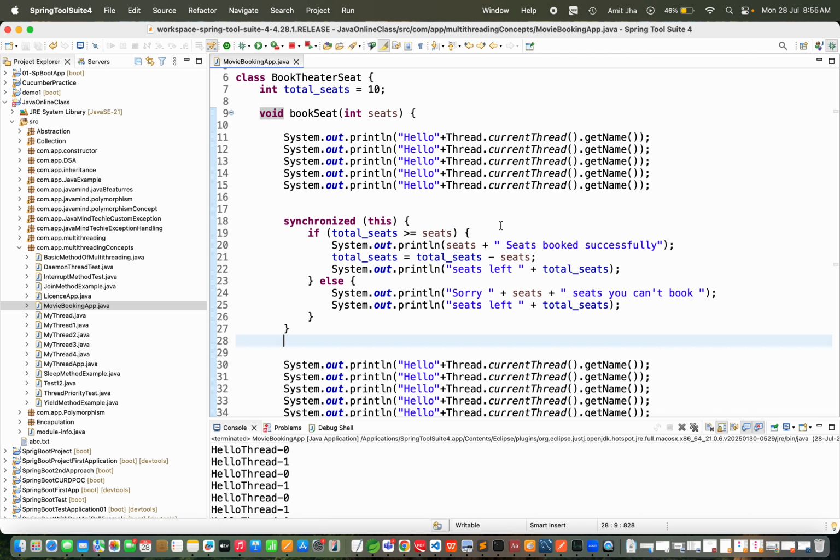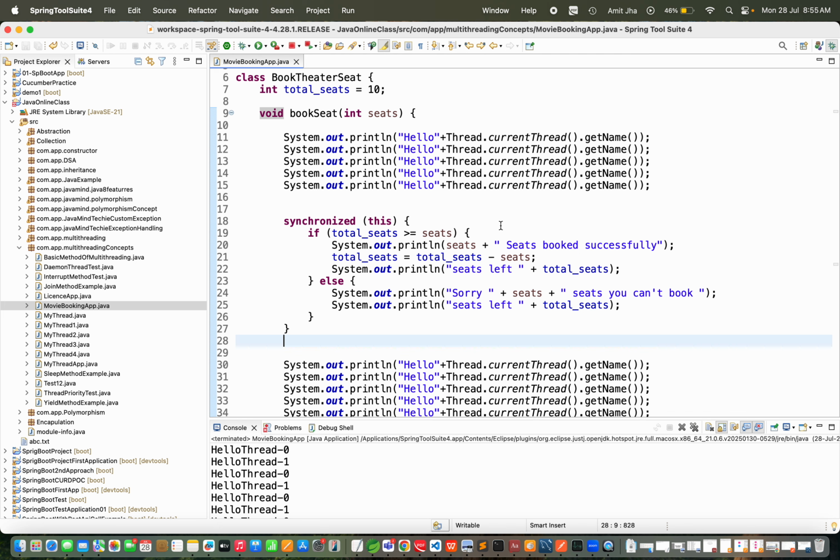You can achieve synchronization with the help of a synchronized method, and in this example I also explained how to achieve a synchronized block. I hope you have seen and understood clearly how a synchronized block is useful over a synchronized method.